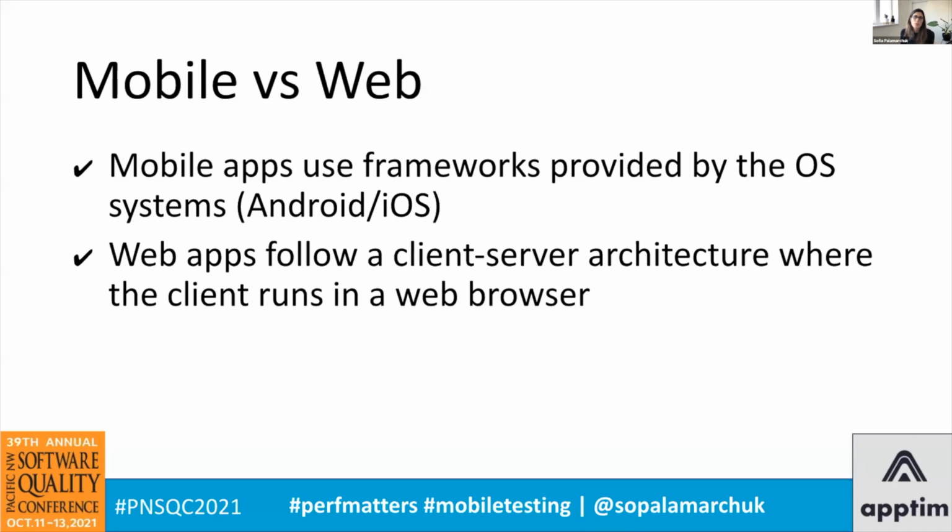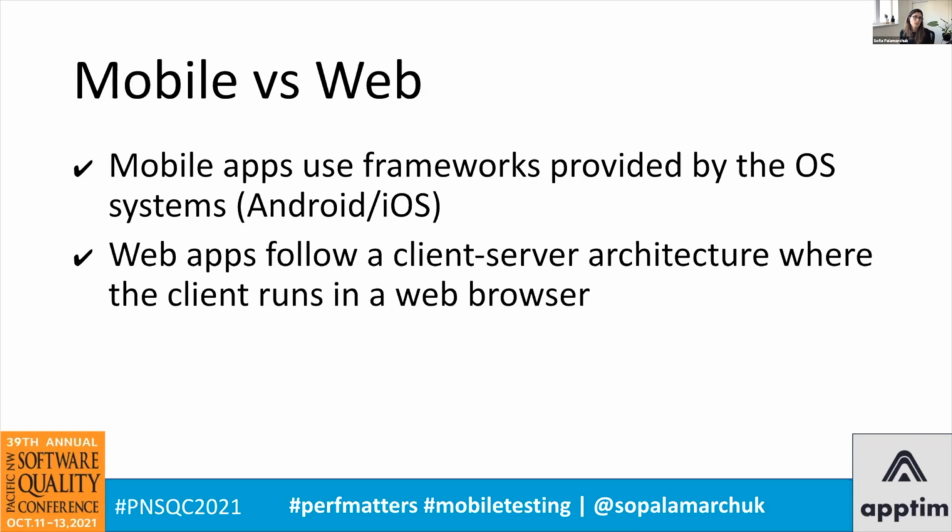On the other hand, web applications have similar functionality to desktop apps. So they have the client-server architecture, where the client, which includes the user interface and the client-side logic, runs in a web browser. When we talk about client performance, these differences make it possible for us to have a holistic overview of how it's performing when we look at the right metrics.